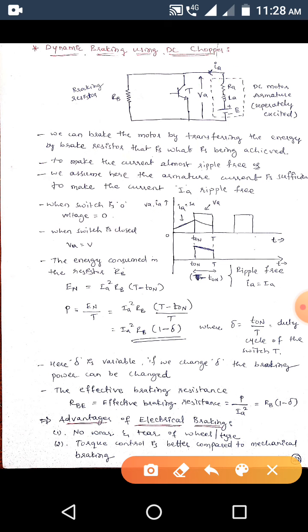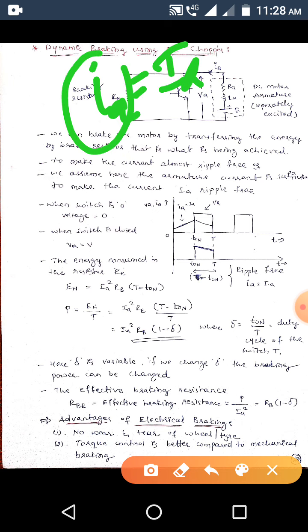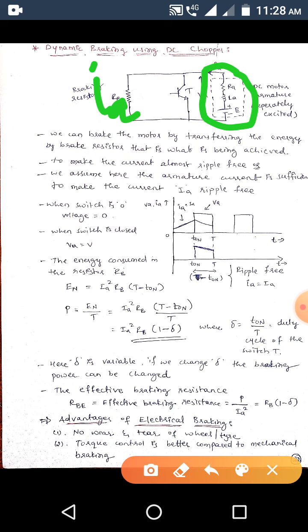It means we need to make small ia equal to capital I. Small ia is the armature current in the winding, and I is the total current in the circuit. This small ia is restricted only to this winding, so that's why we need to achieve small i equal to capital I.